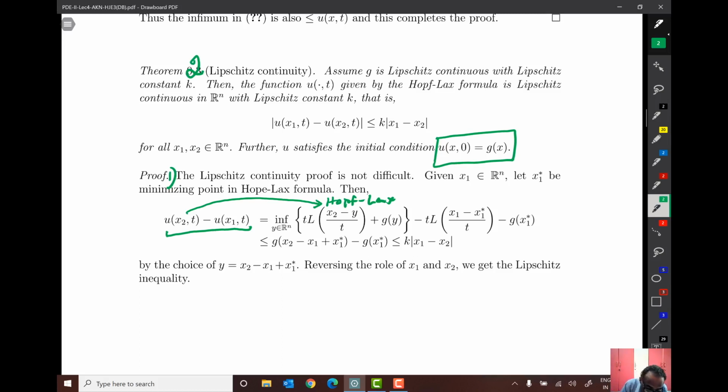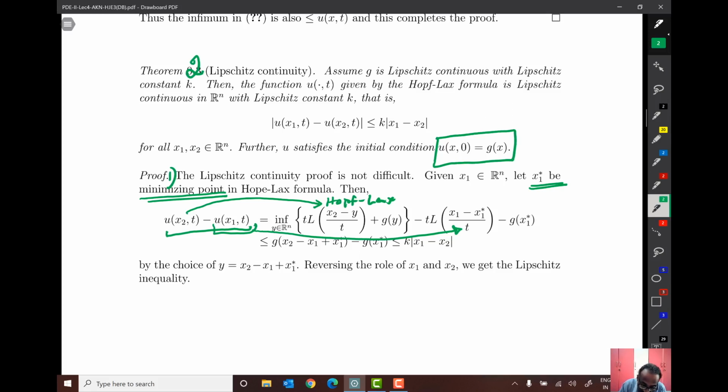But here for u(x1,t), I compute the minimal value it achieved. Corresponding to x1, there will be an x1 star for which u(x1,t) is achieved. So x1 star is the minimizing point in the Hopf-Lax formula.